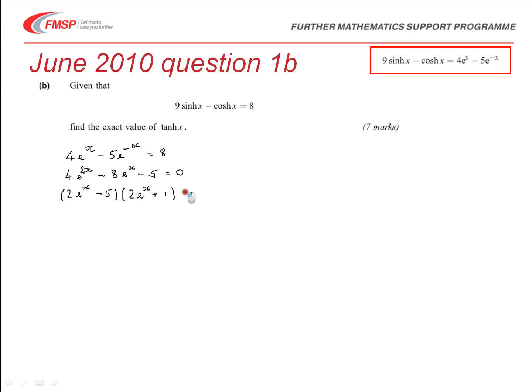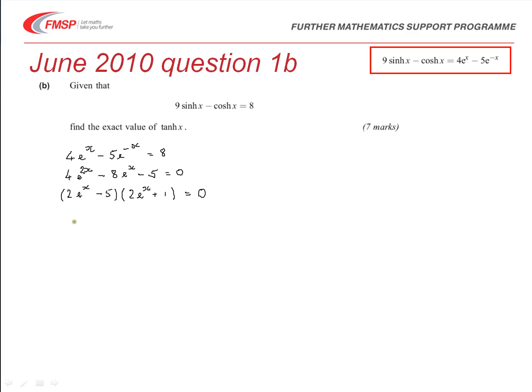Alternatively, if you don't like trying to factorize it from here, you could substitute e to the x into this expression, replace it with big X, and factorize the quadratic 4x squared minus 8x minus 5 equals 0, and obtain your values for e to the x that way.